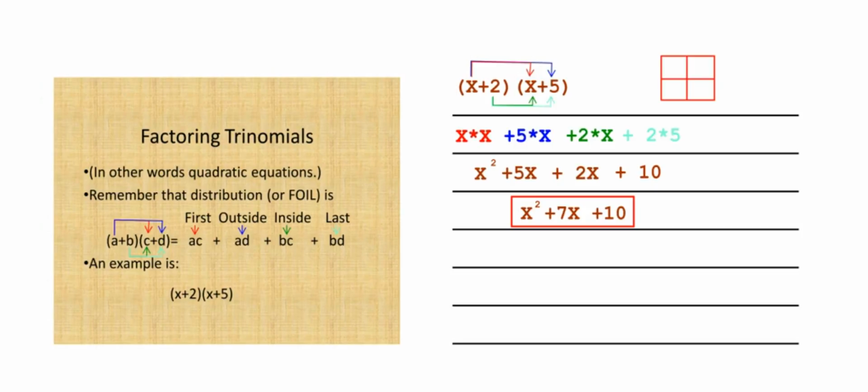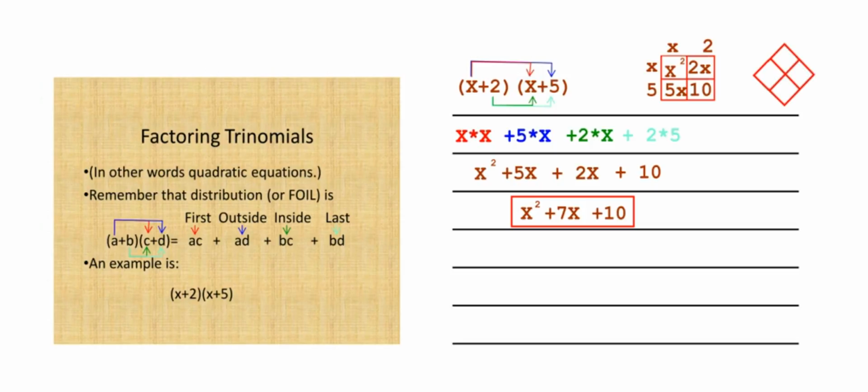Do notice there are other techniques which you can use for factoring or expanding. So you may have seen a square for expanding or factoring. For instance, you can set it up in this format: x times x, x squared, x times 2, 2x, x times 5, 5x, and 5 times 2, 10.